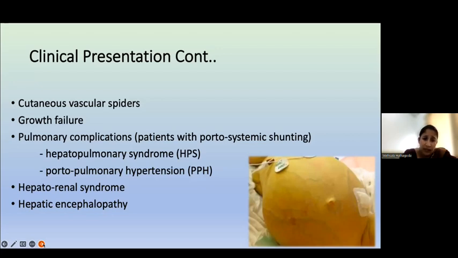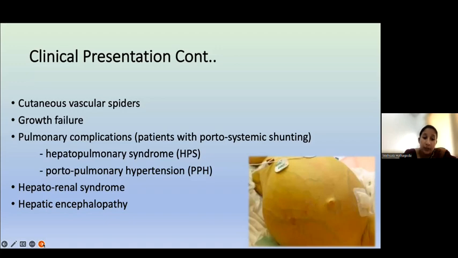Apart from that, some of the rare complications you would see in children with cirrhosis are pulmonary complications. When you develop portosystemic shunts inside the lungs, causing perfusion ventilation mismatch, it could be hepatopulmonary syndrome when we are having shunting, or portopulmonary hypertension where there's increased pressure.